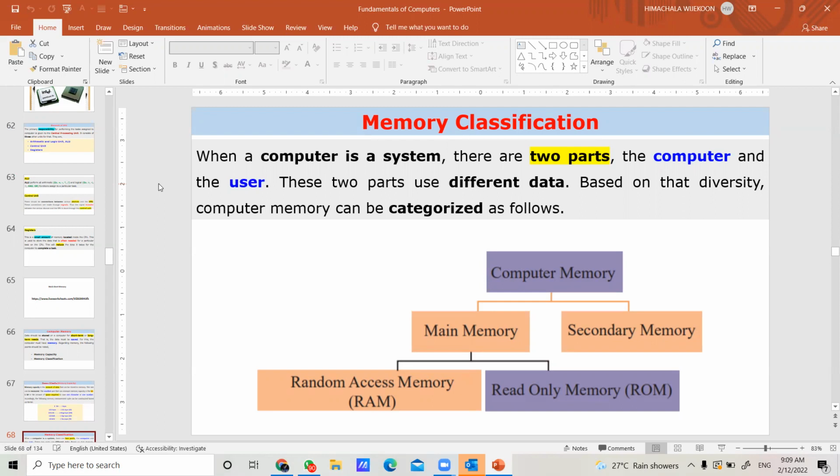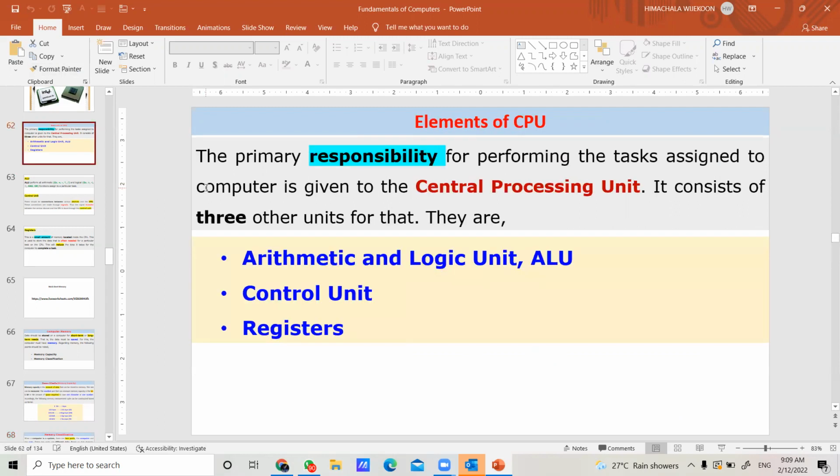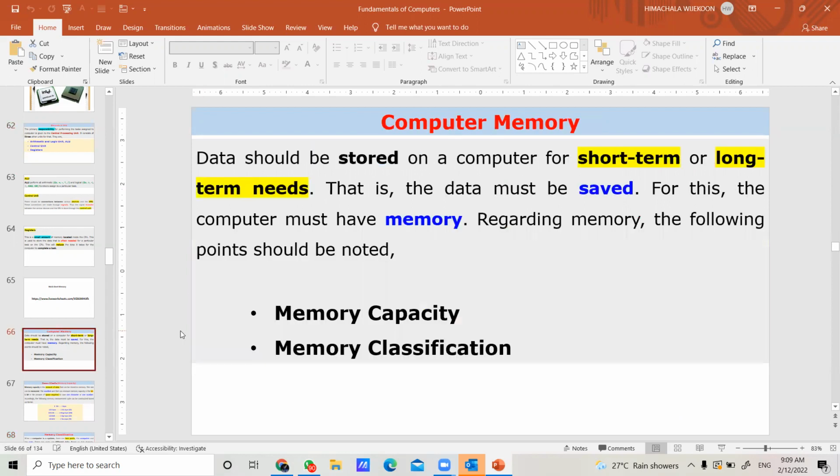Before that, if we are discussing the memory, we should concentrate on 2 parts. That means we should have an idea about memory capacity and also memory classification. These are the main 2 factors you should know when we discuss the memory. Right?